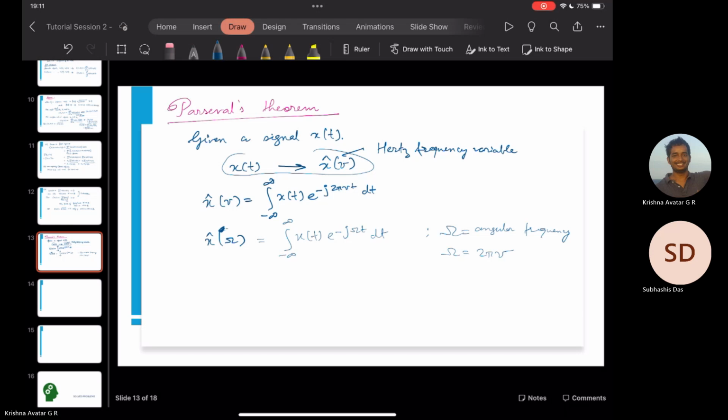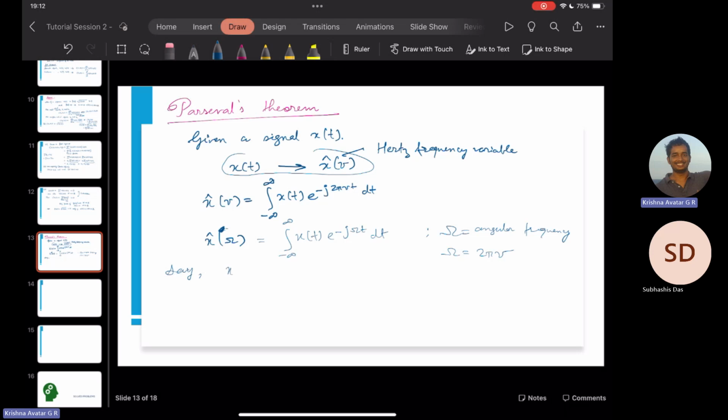Now, the inner product. Say you have two signals at first, and they can be complex valued as well. At the outset we assume it to be a generic signal, which can be either real valued or complex.